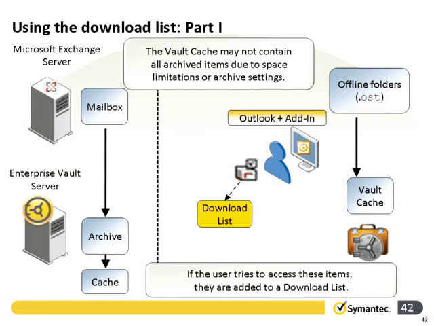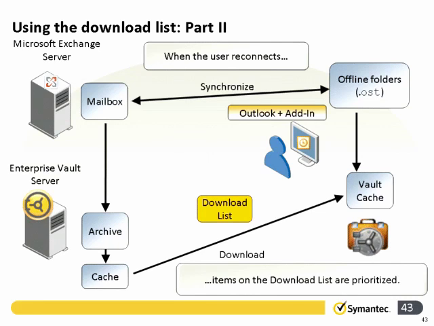What happens is the Outlook add-in will add this item to the download list. Once it's been added to the download list, the next time that I actually connect, the download list will be read, and the items in the download list will be given priority over all the other items as part of the content synchronization or the content download.